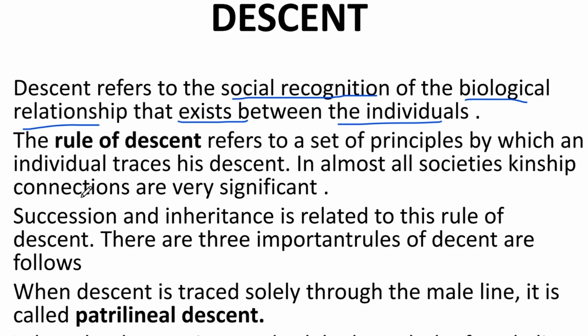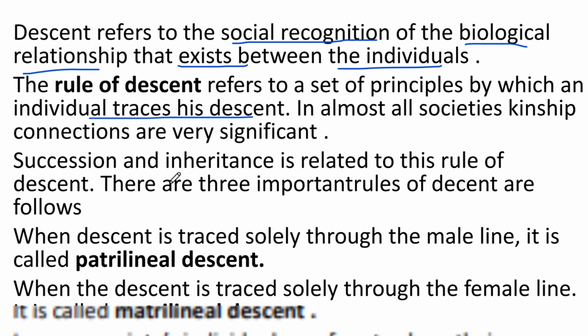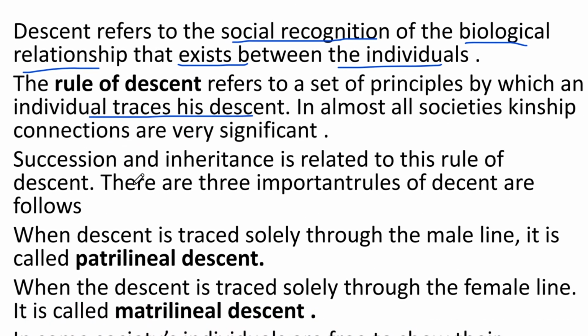The rule of descent refers to a set of principles by which an individual traces his descent. In almost all societies, kinship connections are very significant. Succession and inheritance are related to this rule of descent.